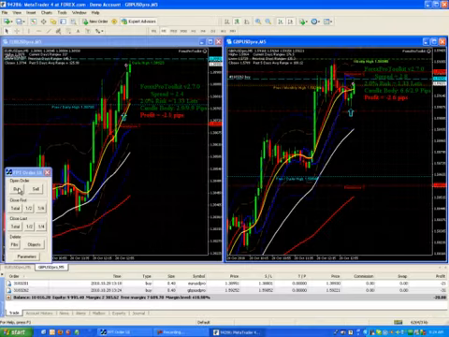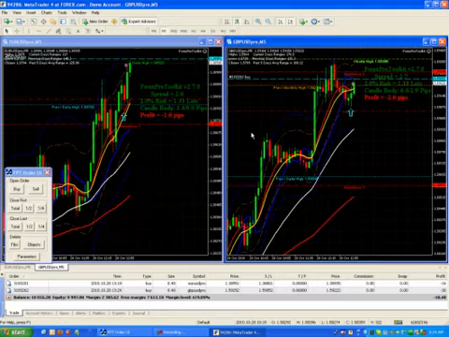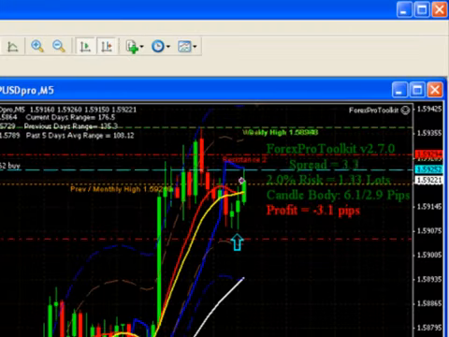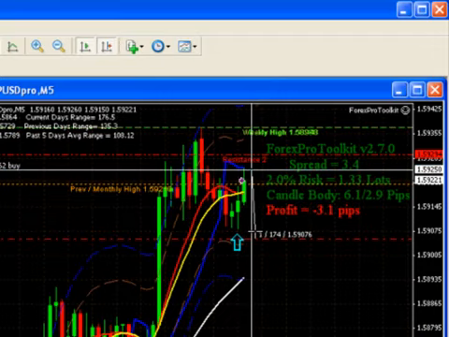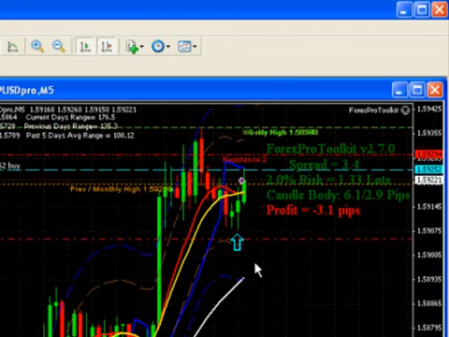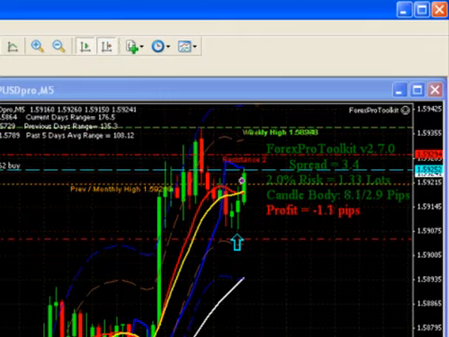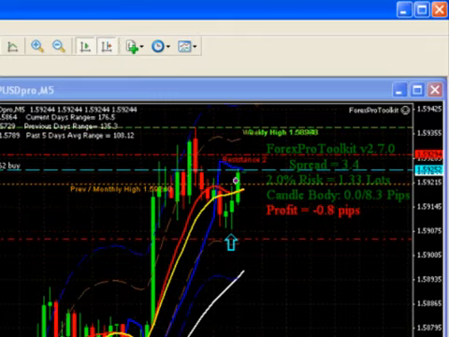Note that this is not a demonstration of good trading practices. This is just a demonstration of the software. So you can see that there's a 20 pip stop loss set, and of course all the stop loss and the break-even point and that kind of thing is set.